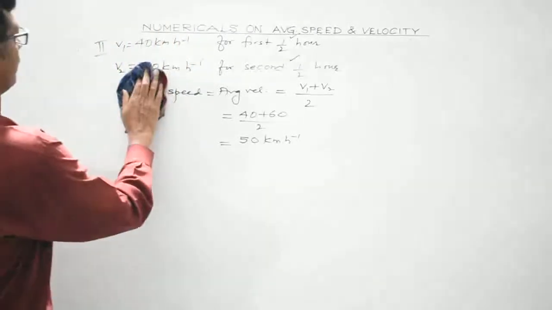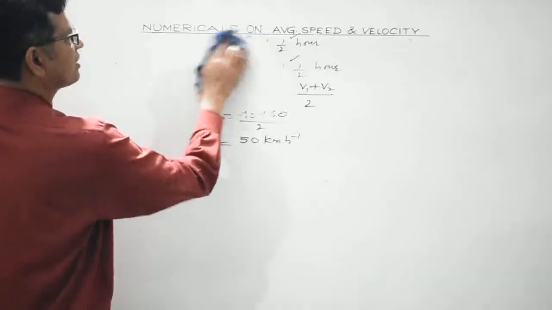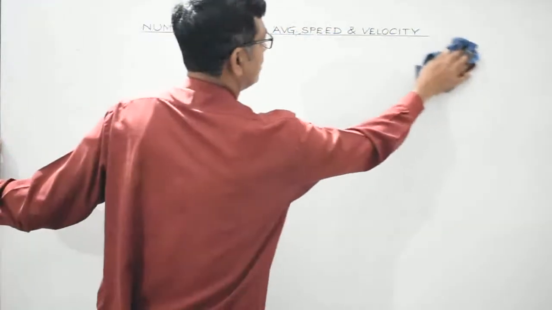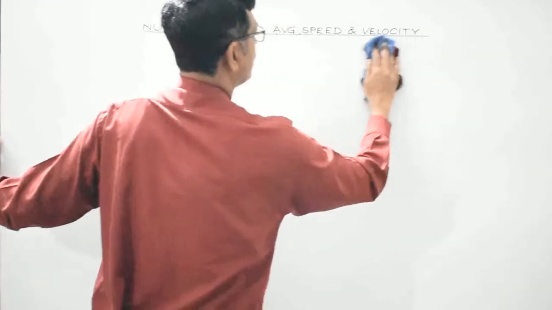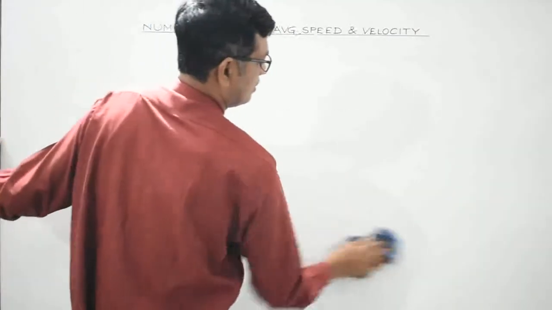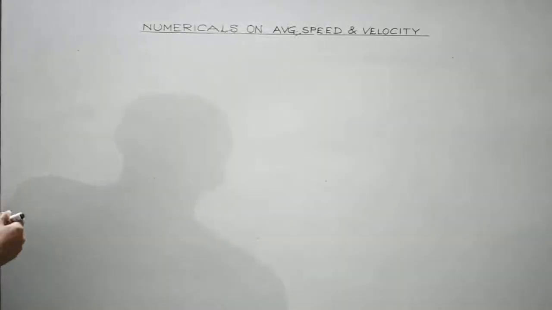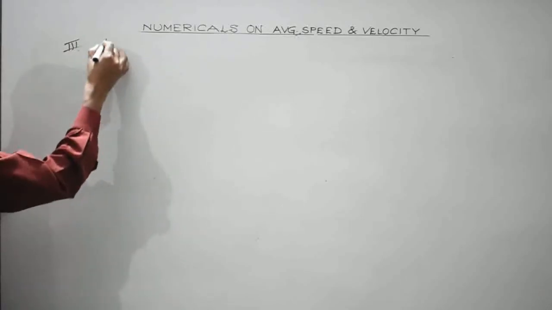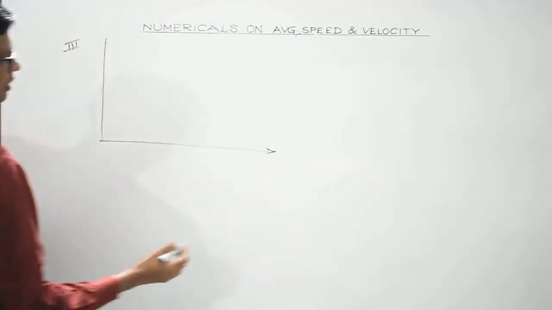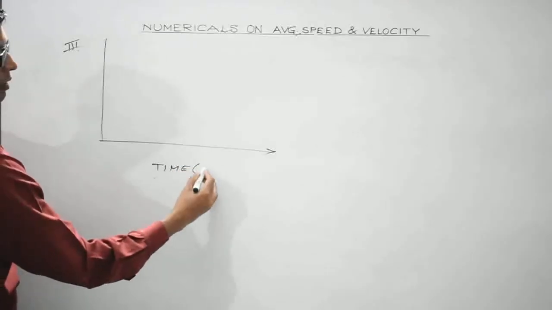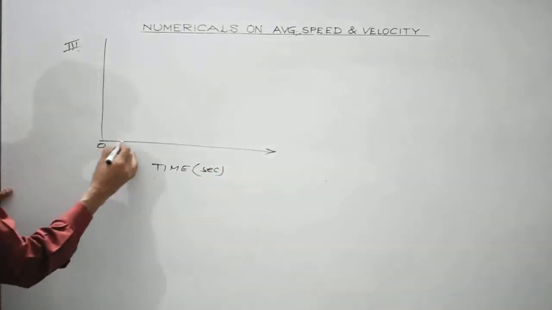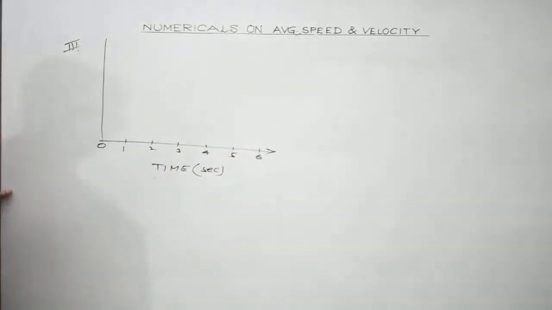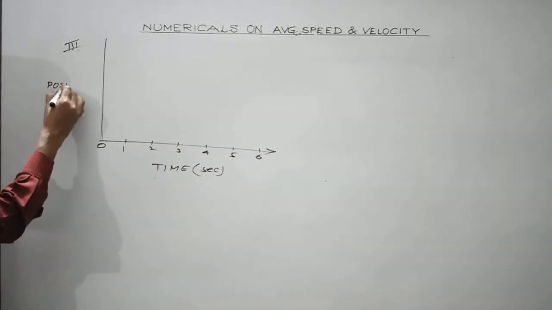Right? So, let us consider position time graph to be given like this. This is the third question we are attempting. Suppose this is time which is given to be in seconds. 1, 2, 3, 4, 5 and suppose 6, right? And this is suppose the position.